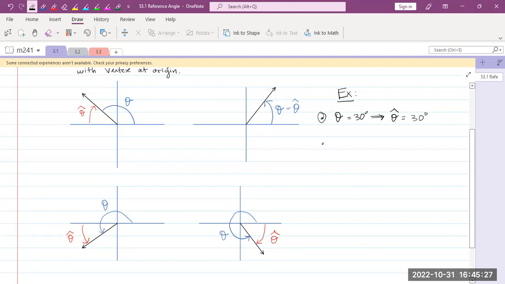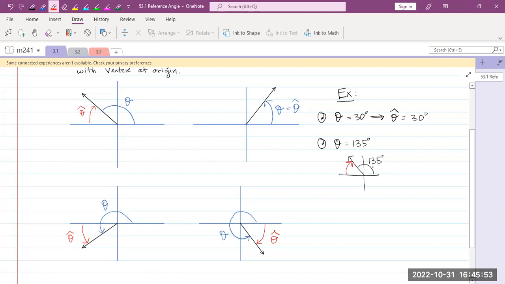What happens if theta is 135 degrees? Notice that this is in quadrant 2, right? This is 135 degrees. And the reference angle must be this one here, right?